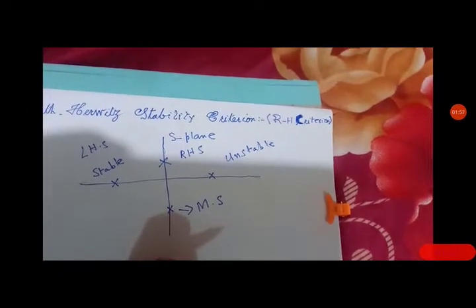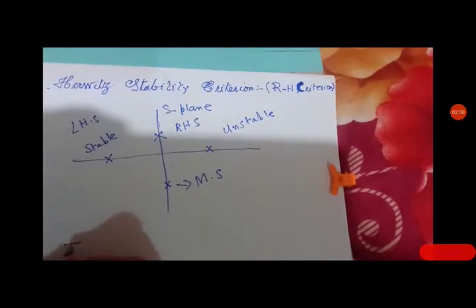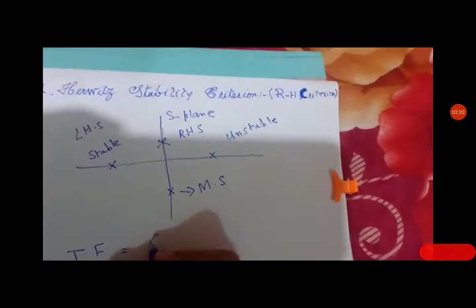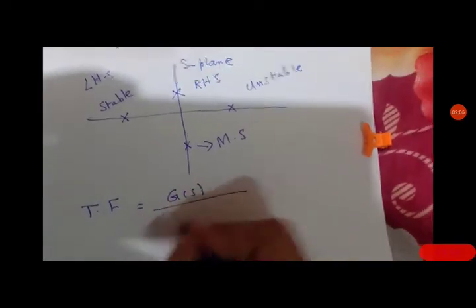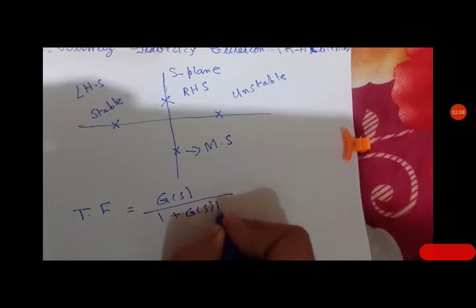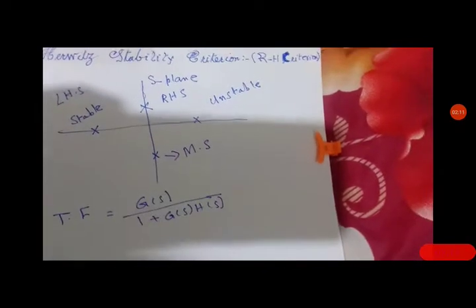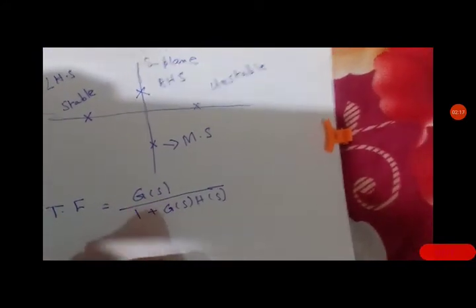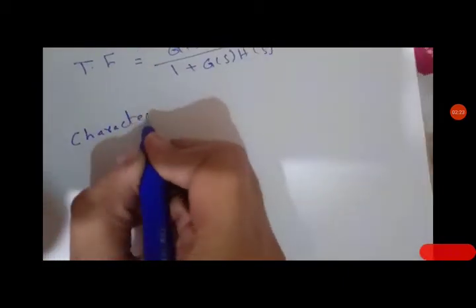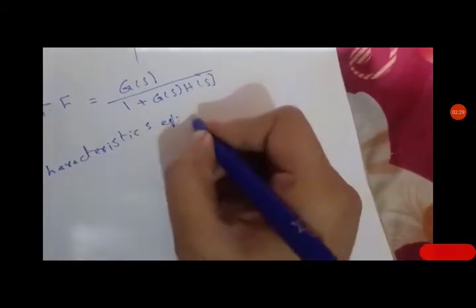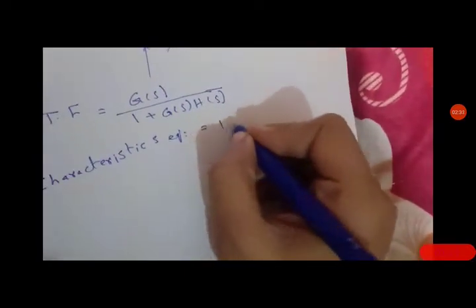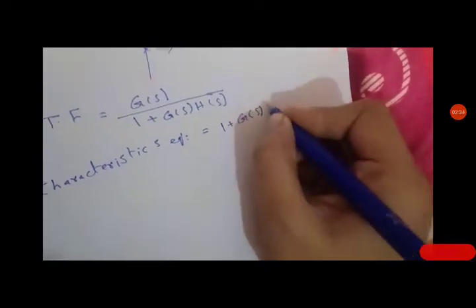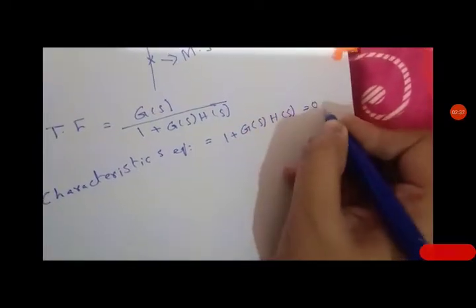So if you are given a transfer function, for example, G(s) divided by 1 plus G(s) into H(s), the characteristic equation of this system will be 1 plus G(s) into H(s) equal to 0.